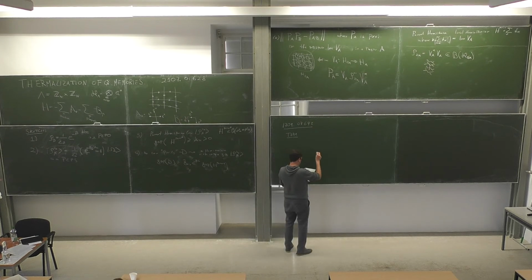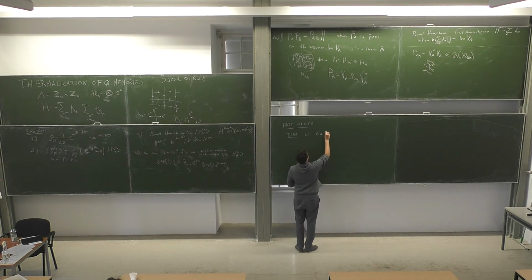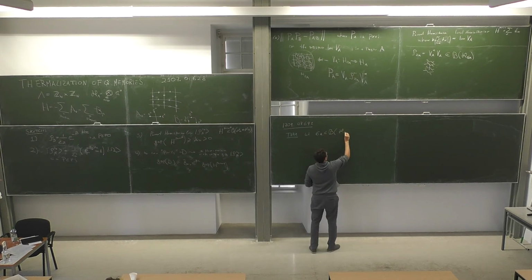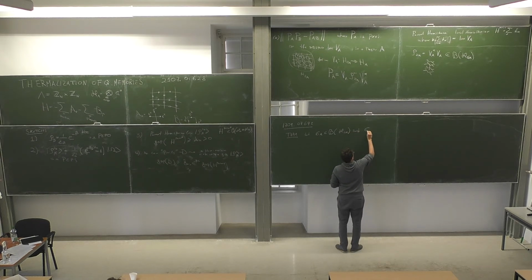Make it a bit easier to state. So let sigma A be another density, or like another positive operator on the boundary, which is the tensor product over the boundary site.